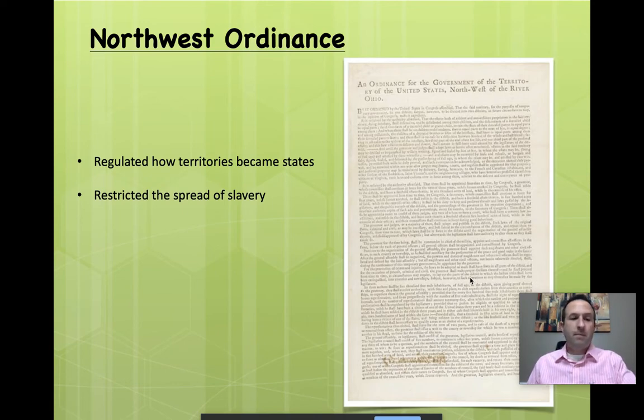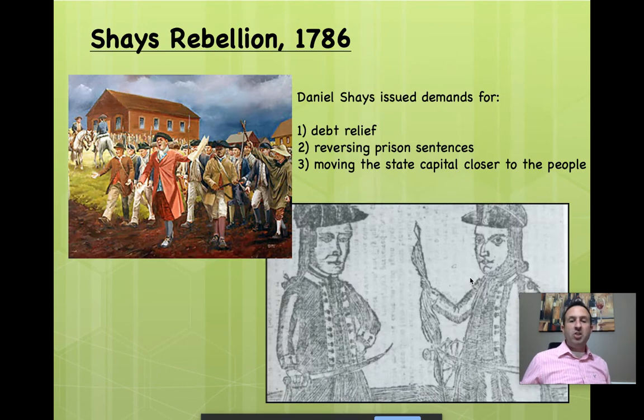That's the first problem. The second problem, what really defines this, is an event known as Shays' Rebellion in 1786. Again, this shows the profound threat to this government. It takes place in western Massachusetts. Yes, back to Massachusetts again, I know. Daniel Shays, the leader of this rebellion, was a captain in the Revolutionary Army.